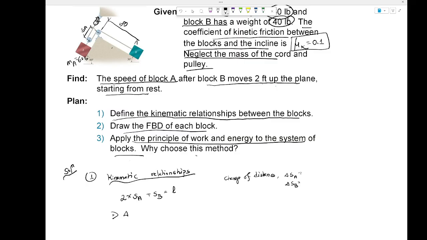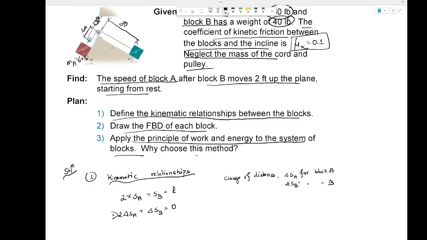So for block A, for block B, then this can be written as 2 multiplied del SA plus del SB. What would be the change of distance for the total length? It will be 0, right? Because the length of the rope is constant. There won't be any change in the length of the rope. So that should be 0.